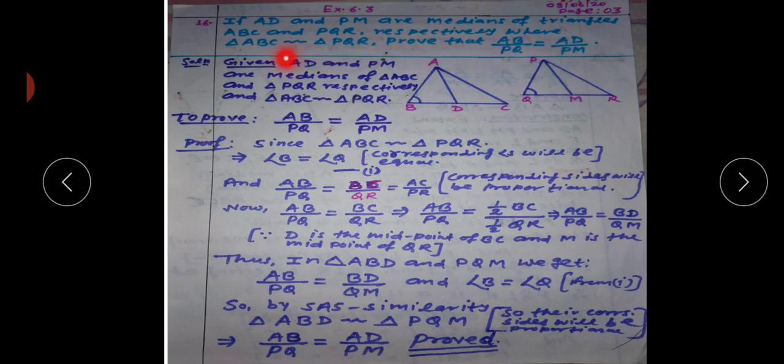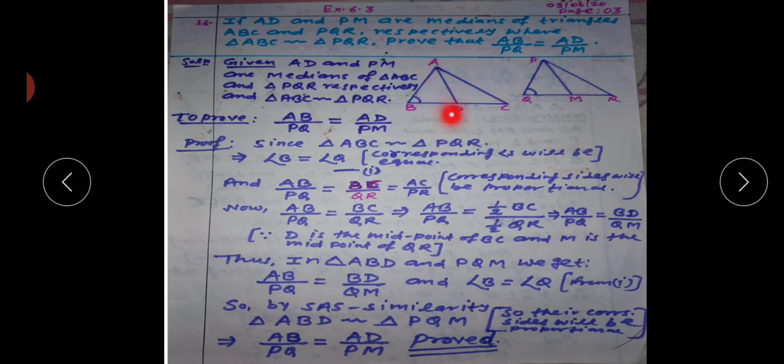respectively, where triangle ABC is similar to triangle PQR. It is given that triangle ABC is already similar to triangle PQR. Then we have to prove that the ratio of AB and PQ will be equal to the ratio of median AD and median PM.